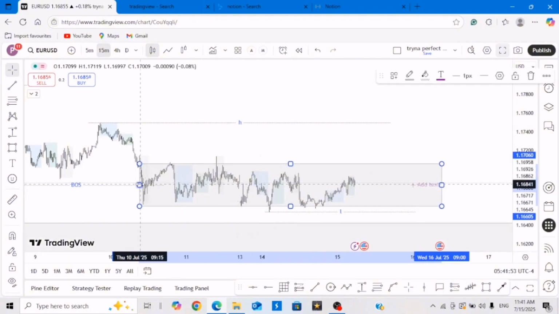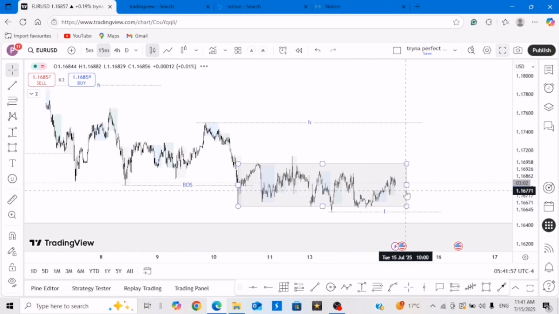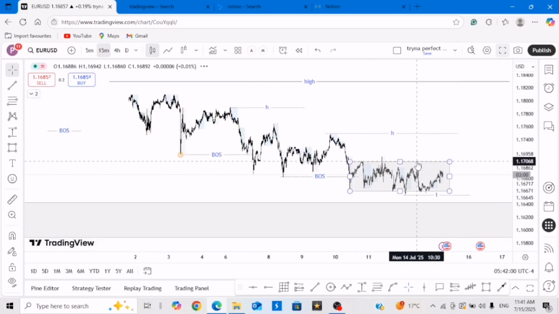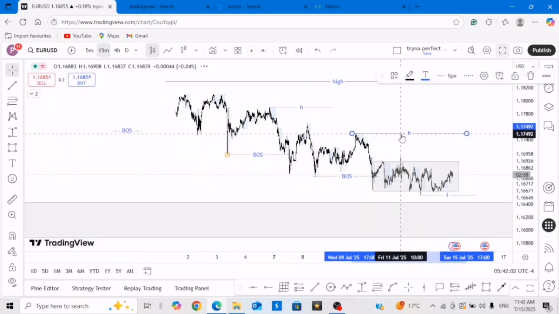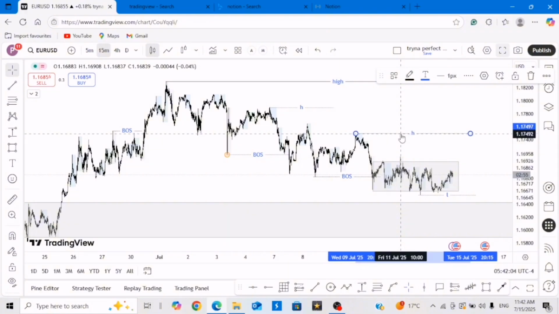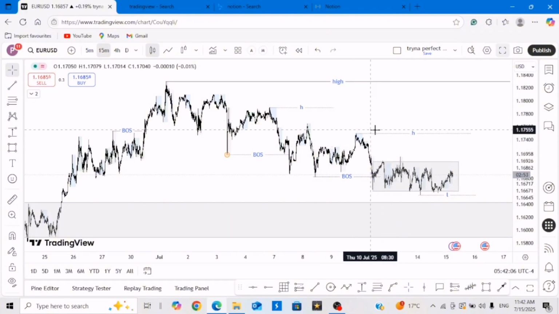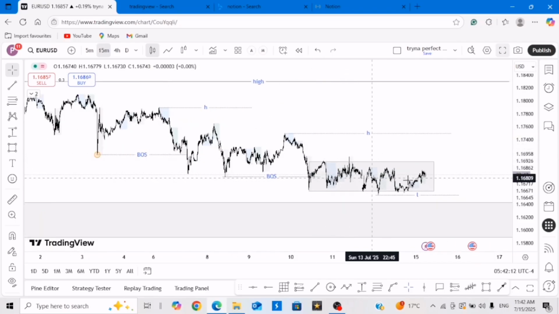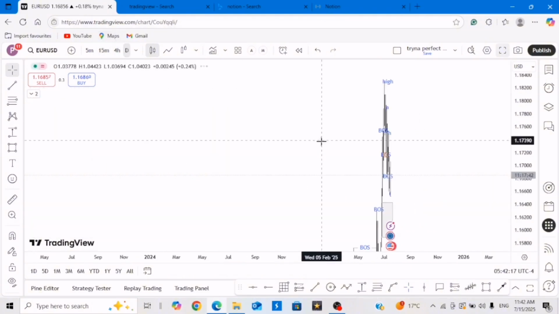So Euro USD, I'm not looking to trade it anytime soon. Before I enter any buys, I'm gonna need this high to get violated right here, before I start looking to buy Euro USD. But for now, we are consolidating. So Euro USD, I'm gonna step away.